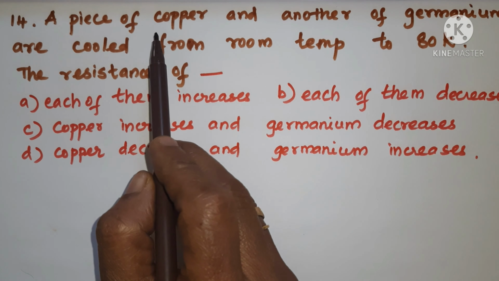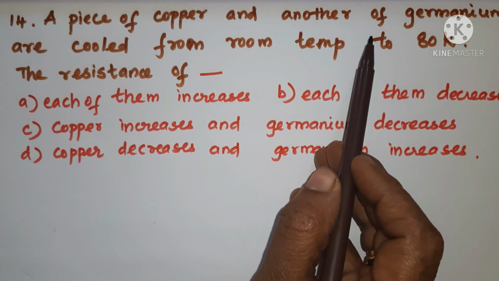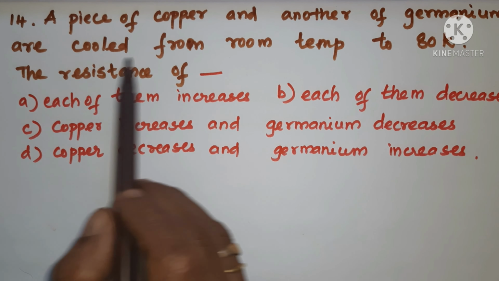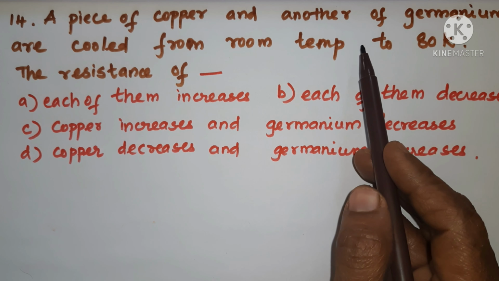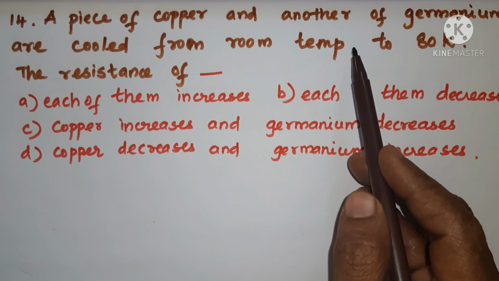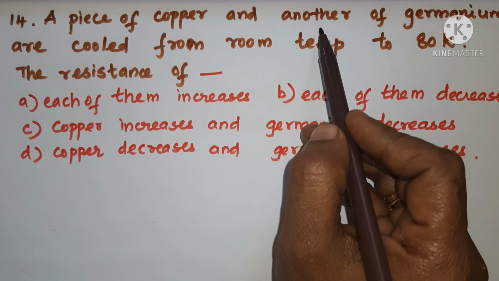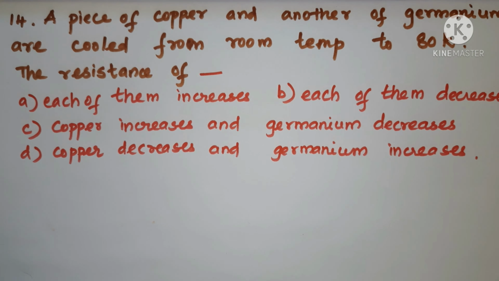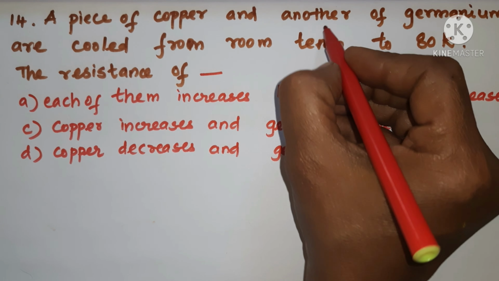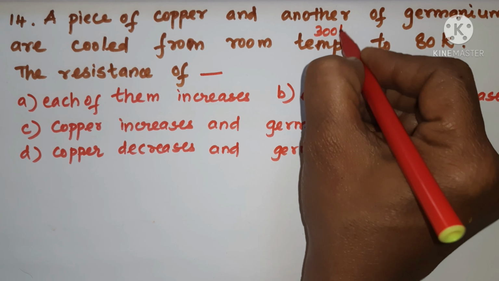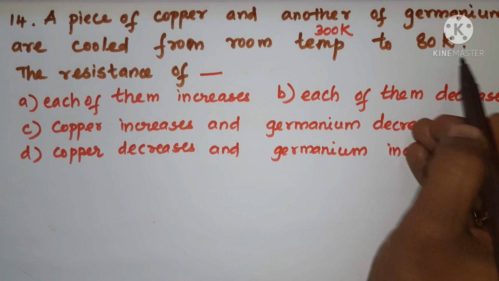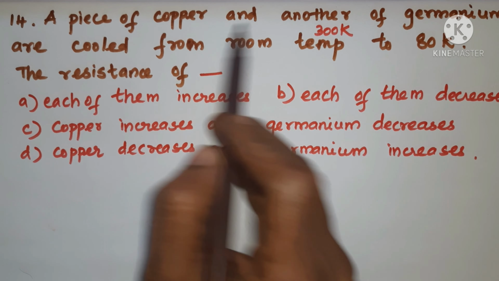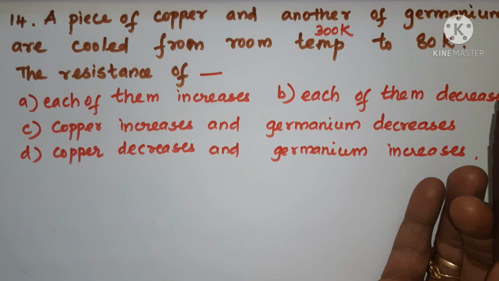A piece of copper and another of germanium are cooled from room temperature to 80 Kelvin. Room temperature means 27 degrees Celsius, which may be written in Kelvin as 300 Kelvin. From room temperature to 80 Kelvin, we have to find whether the resistance of the copper and germanium is increasing or decreasing.